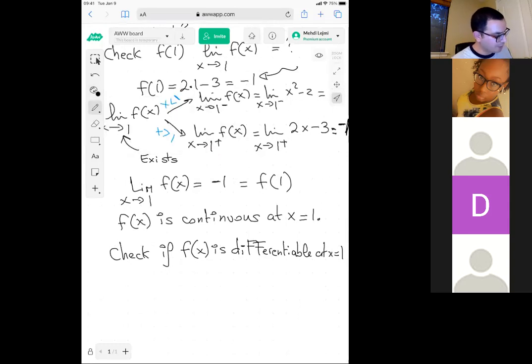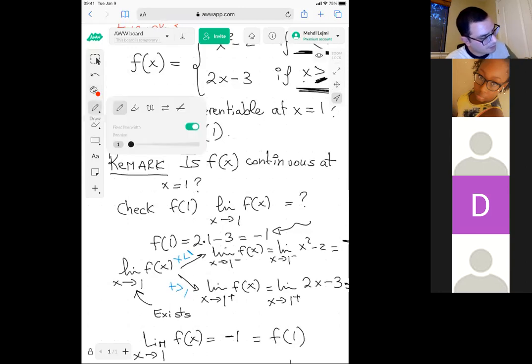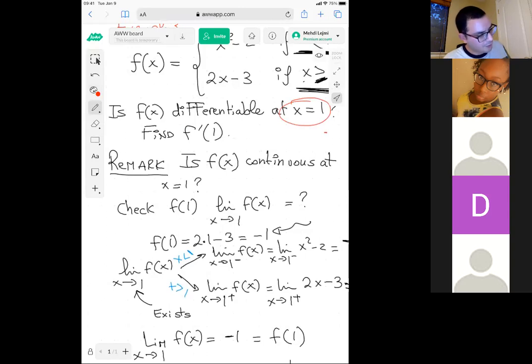If the number m does not exist, then of course f is not differentiable. So let me remind you, m is supposed to be the limit, h going to 0, of f of a plus h. So a here, guys, is supposed to be 1, so x is equal to 1. So my a is equal to 1.